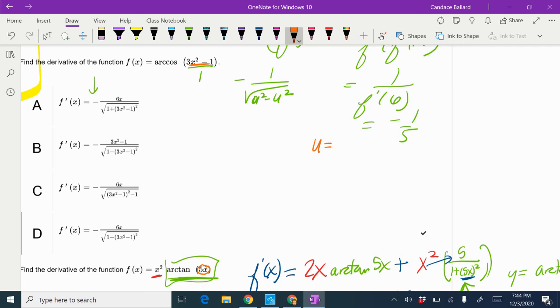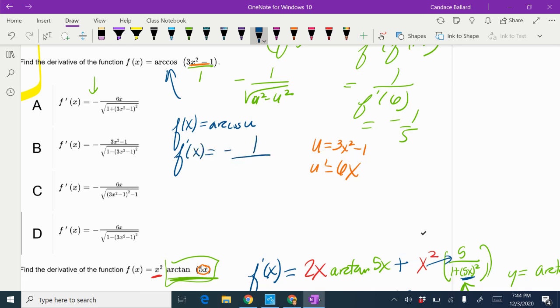So u equals 3x squared minus 1. So u prime equals 6x. And then I'm going to substitute that into this function here. So f of x equals arc cosine of u. So f prime of x equals -1 over the square root of, my a value is going to be 1, my u value is going to be the u.